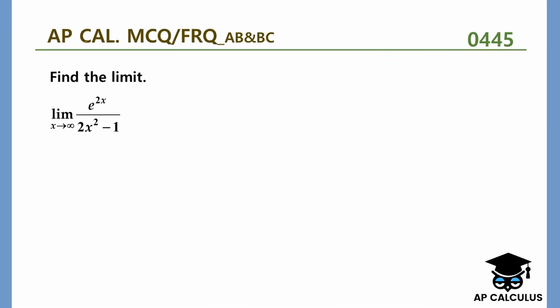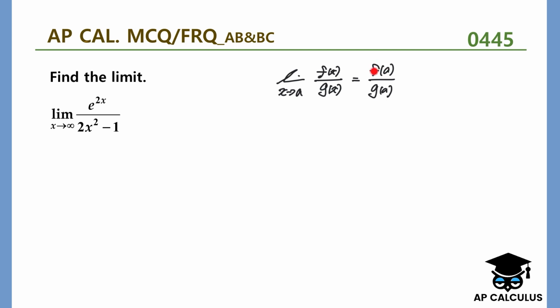Question 445. Let's say we have the limit as x approaches a of f of x over g of x. When a is substituted for x, we will have f of a over g of a.